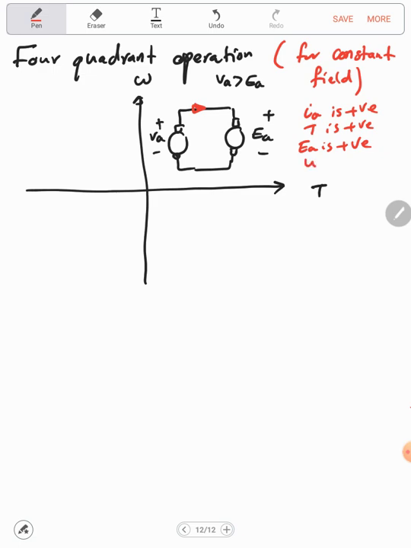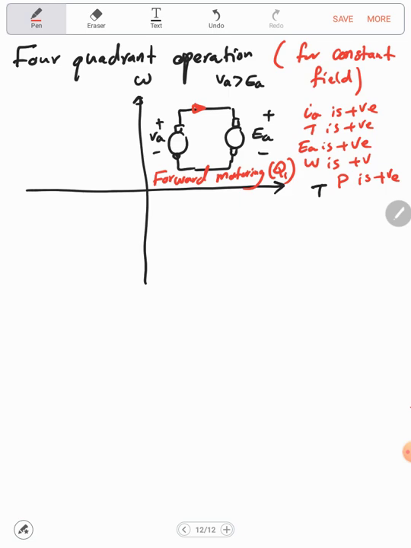So this means that omega is positive. So the power is positive. The power is the multiplication of the torque and the speed. So in this case, we have the forward motoring, or what we call the Q1 region.